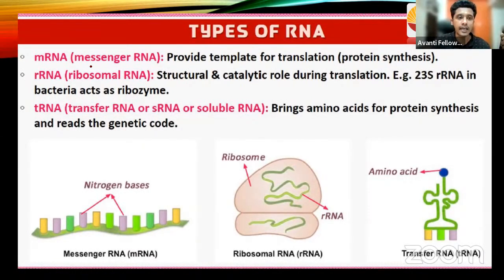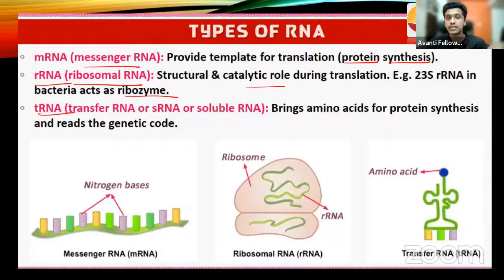So mRNA contains a sequence of codes that are responsible for the assembly of amino acids, which in turn helps in protein synthesis. rRNA, or ribosomal RNA, has a catalytic role, where it helps in recruitment of the ribosome complex for the process of translation to begin. And the tRNA acts like an adapter molecule.